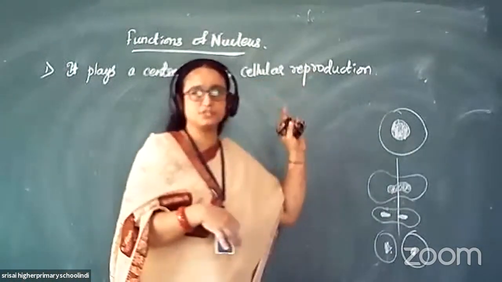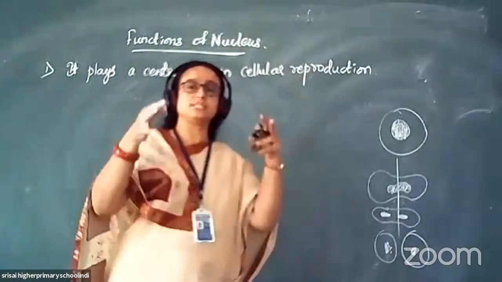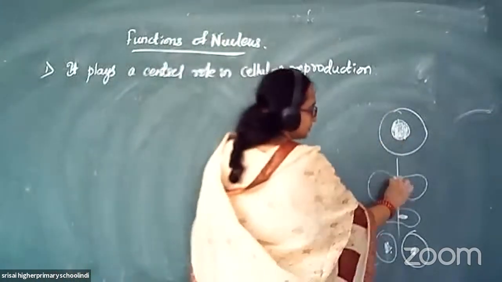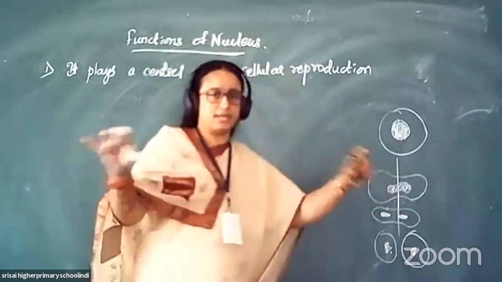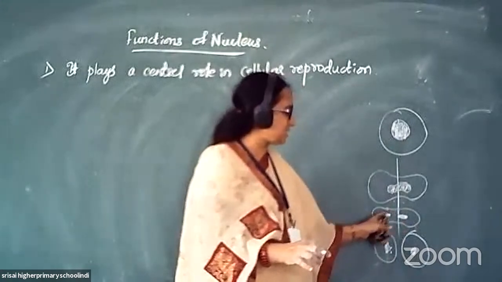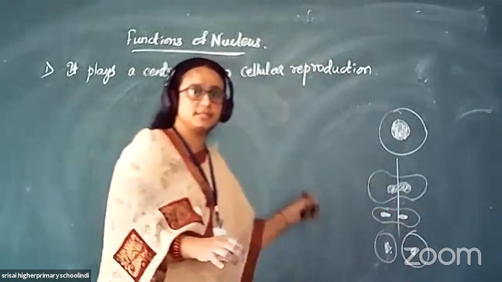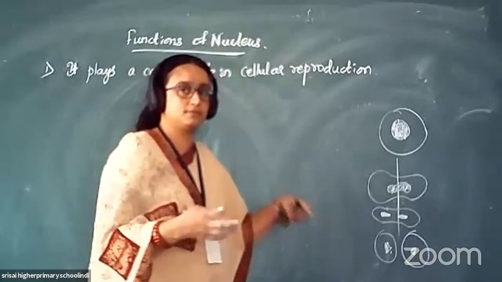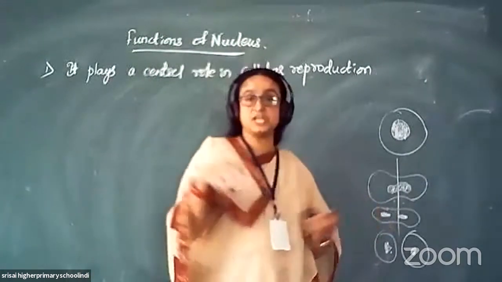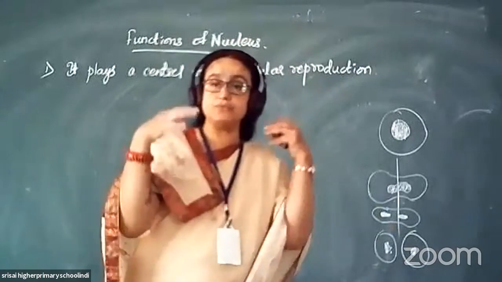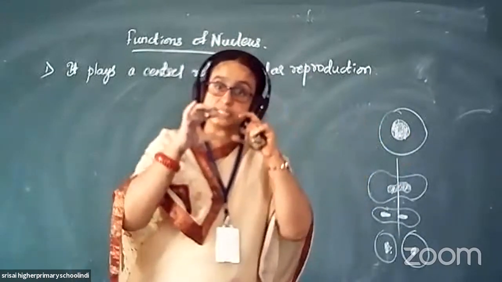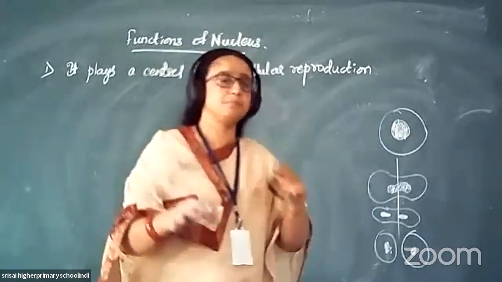During the cellular reproduction, this nucleus is playing the central role. Why are we saying that it is playing a central role? First, the nucleus elongates, and it divides. See the diagram, who is dividing first? Nucleus. Since the nucleus is dividing and giving the signal to the cell also to divide, giving the signal to the cytoplasm also and the cell membrane also.